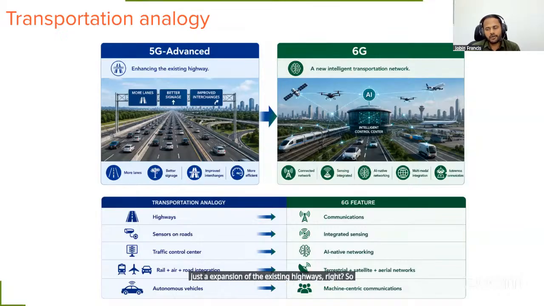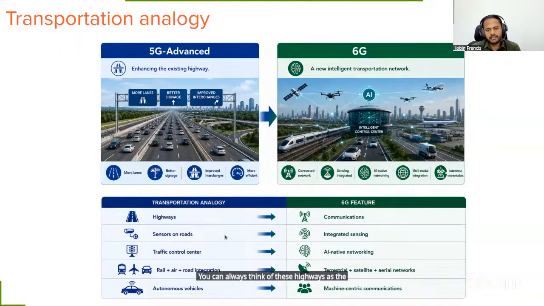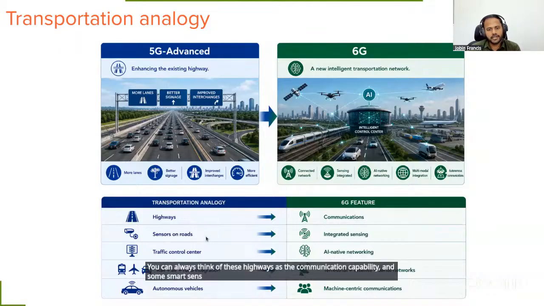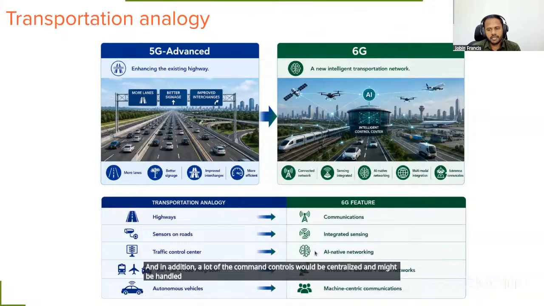So this is the analogous thing for 5G to 6G, where you expect to see a paradigm shift in the network itself. To highlight this analogy, you can think of the highways as the communication capability, and some smart sensors, like your AI cameras on the road, can be seen as an integrated sensing capability, which is expected to be a feature of 6G. In addition, a lot of the command and control would be centralized and might be handled by AI.